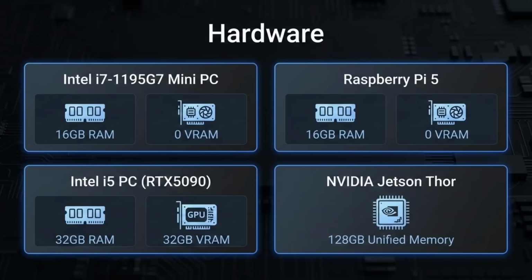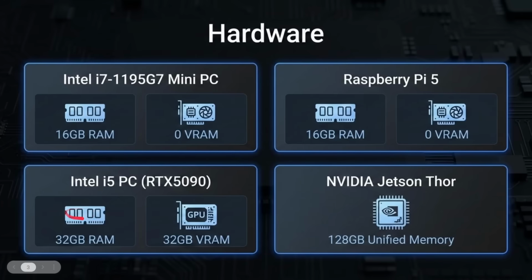Okay, so what am I testing it on? I've got 4 bits of hardware. I've got a mini PC without an NVIDIA GPU in it, so basically just a mini PC with the integrated GPU. So 16 gigs of RAM, no dedicated video RAM. Then I've got an i5 PC, but it's got an RTX 5090 in it.